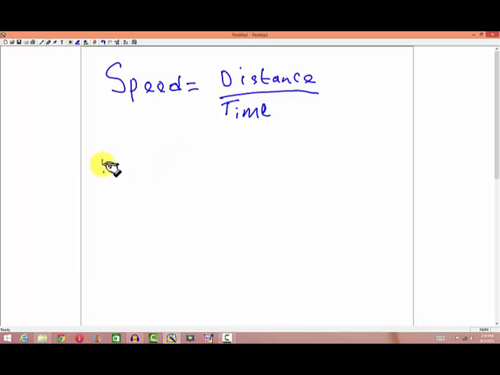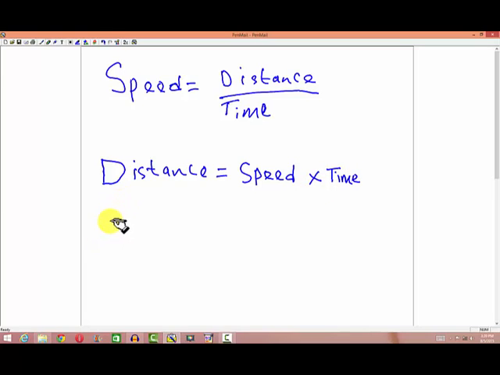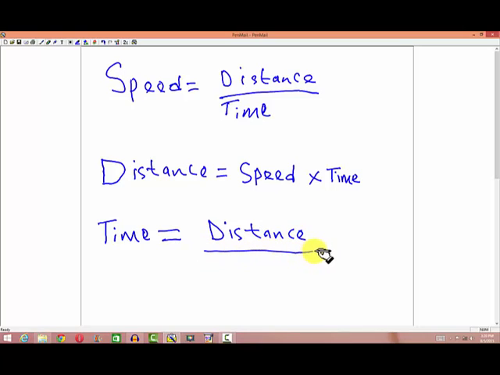Then if you want to find the distance, distance is equal to the speed the thing is moving times the time, and time itself is equal to distance divided by speed.